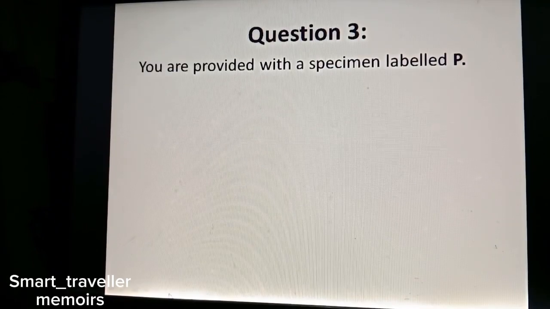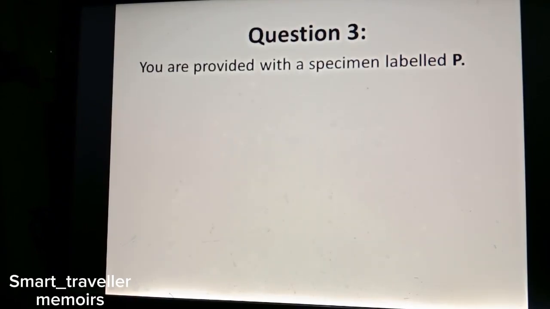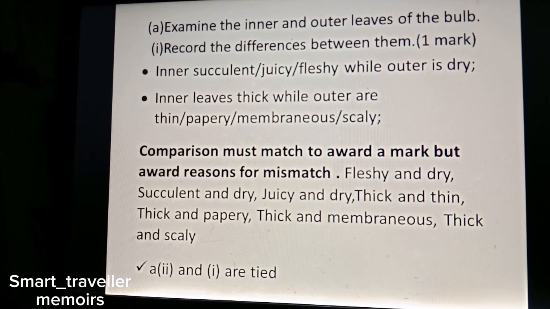Question 3. You are provided with the specimen labeled P. Examine the inner and outer leaves of the bulb. Record the differences between them. 1 mark. So inner succulent or juicy or fleshy, while outer is dry.